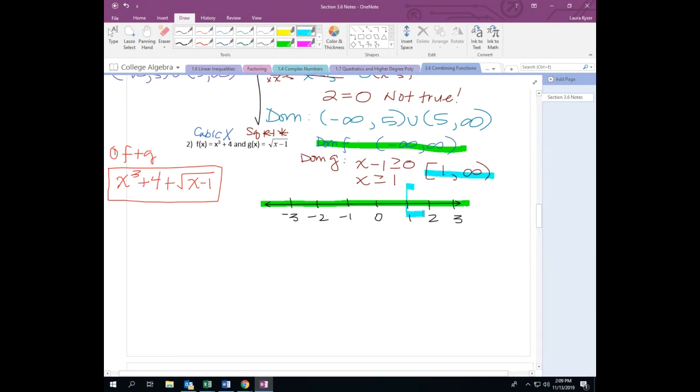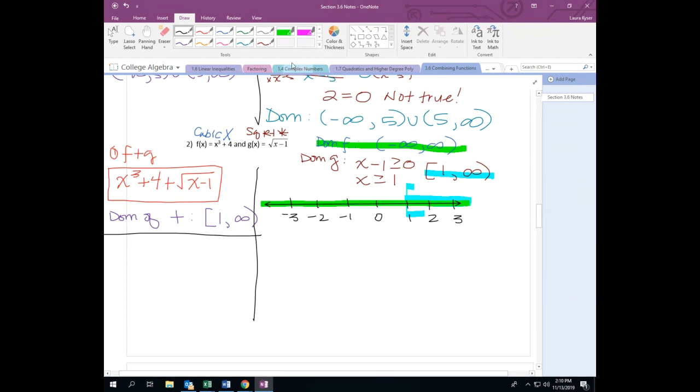So square bracket 1 to infinity. The overlap is happening over here where the green and the blue can both be seen. So the domain of the sum is square bracket 1 to infinity. And that'll kind of be our jumping off point whenever we do the division. So there's the first part done.